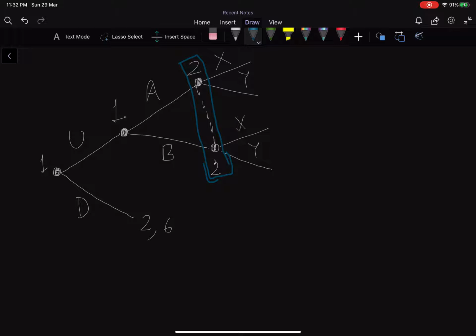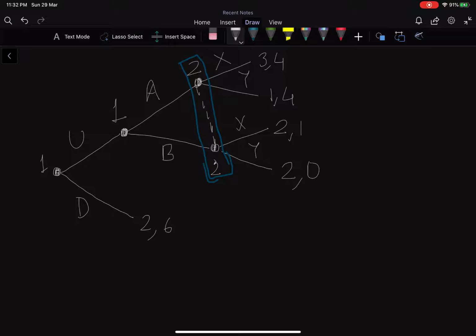Let me write down the payoffs. The payoffs are 3, 4, 1, 4, 2, 1, and 2, 0. Let's look at this game. This is a sequential move game. Why?